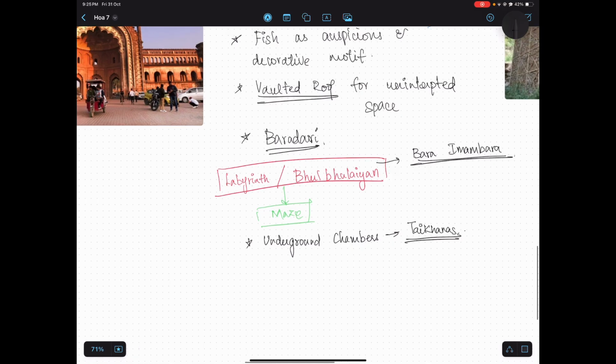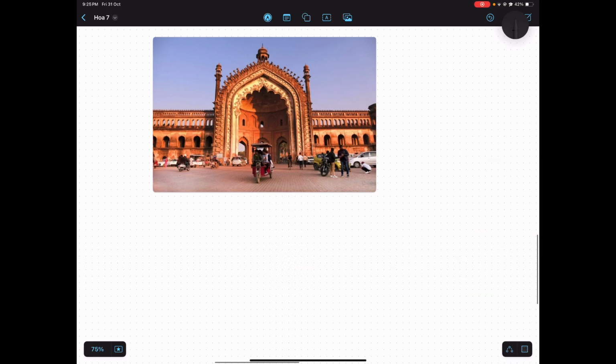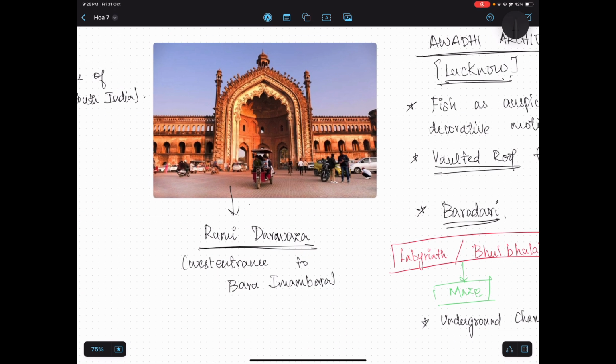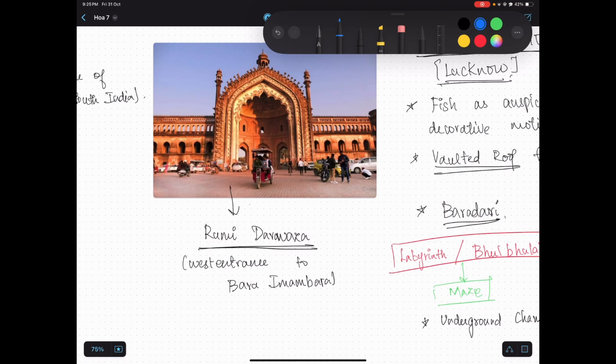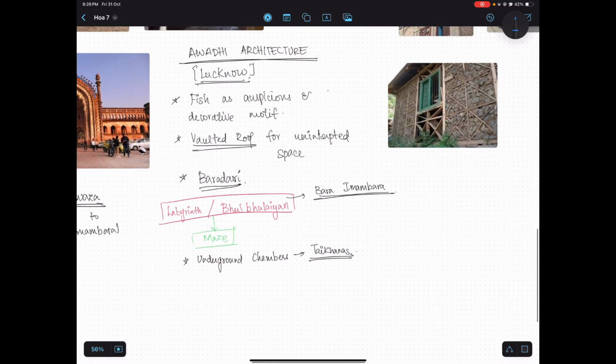This is the Rumi Darwaza, and this was the west entrance to the Bara Imambara. It was very famous because the first thing is that it has a curved pishtaq. So what is a curved pishtaq? Before coming here, let me talk about what a pishtaq is.